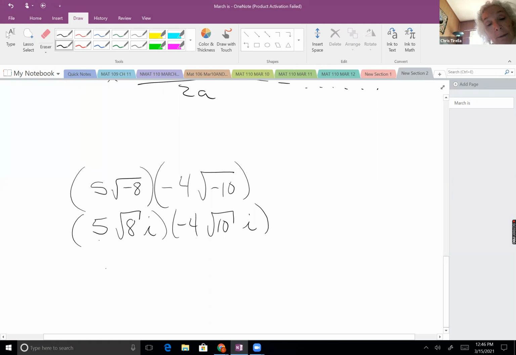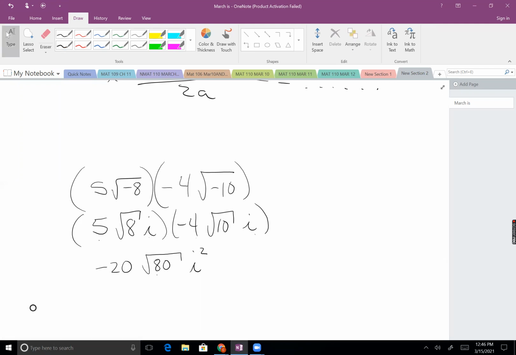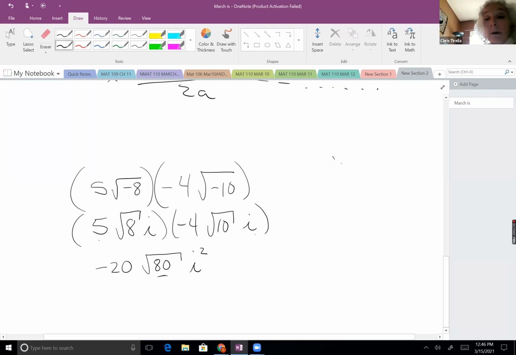5 times -4 would be -20. Square root of 8 times the square root of 10 would be the square root of 80. i times i is i squared. Are you with me so far? Yep. Okay, so now we got to simplify that square root of 80. What's a number that goes into 80 that's a perfect square? And not just any number, but the largest one.